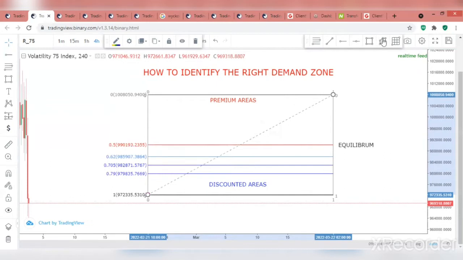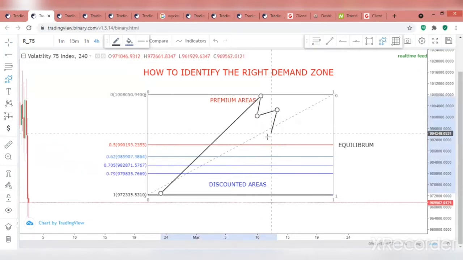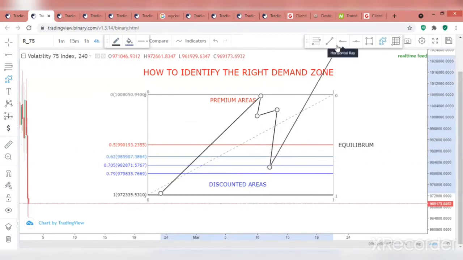And let me use my polyline. As you have an impulsive move to the upside and there is a retracement, you should be looking to catch your buys, the continuation, anywhere below the 50% area.